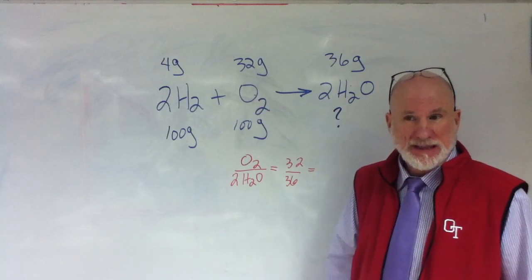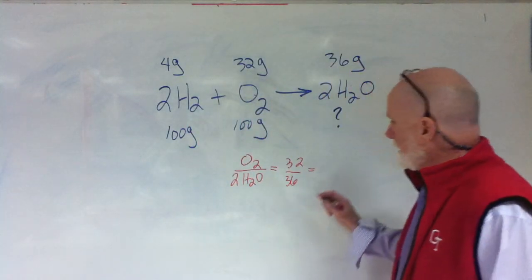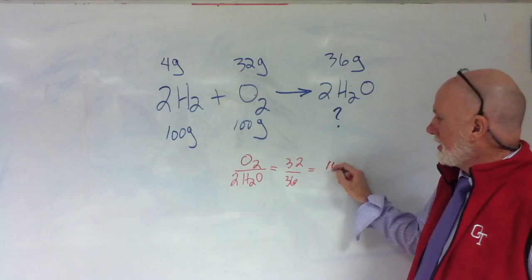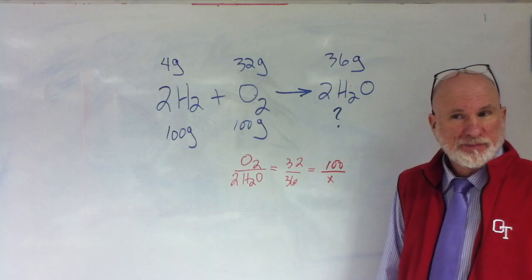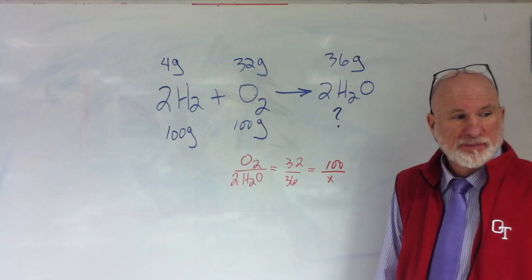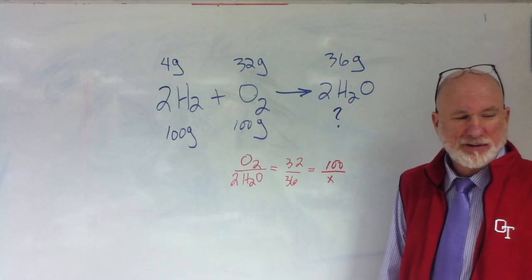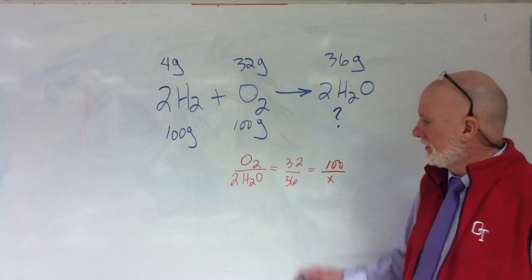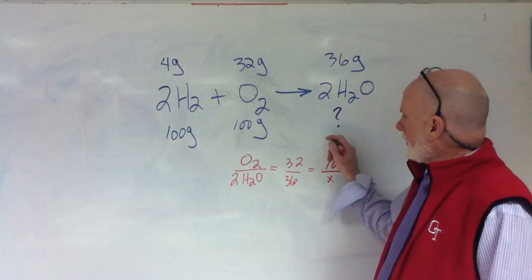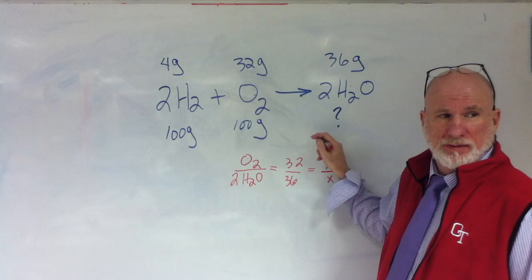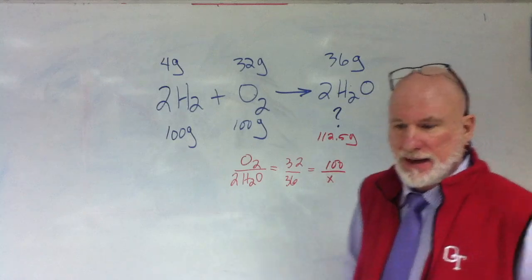So the constant ratio is oxygen to water. How much oxygen are you going to burn? 100, right? How much water will you get? You can do it. I have great faith in you. 36 times 100 divided by 32 is 112.5 grams.